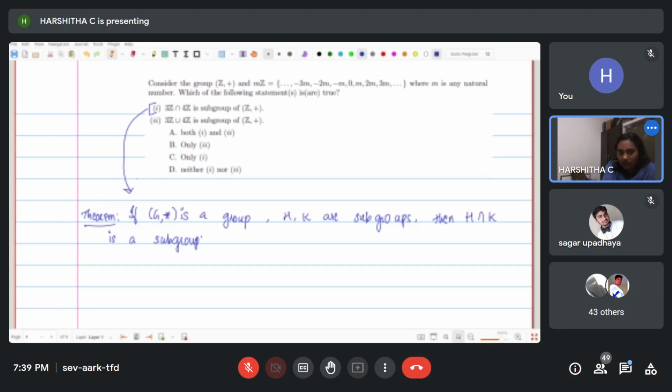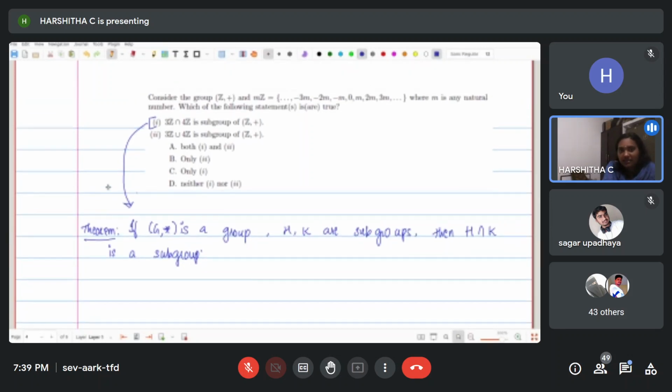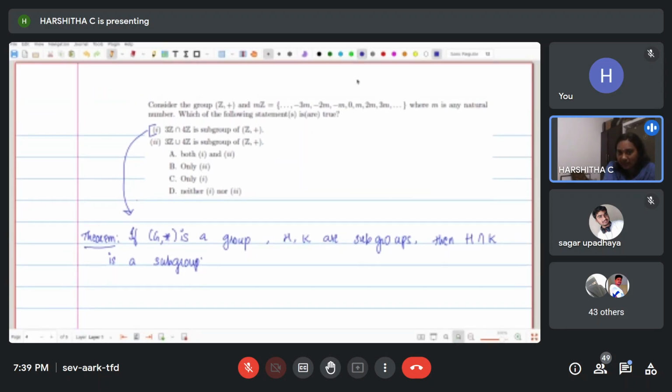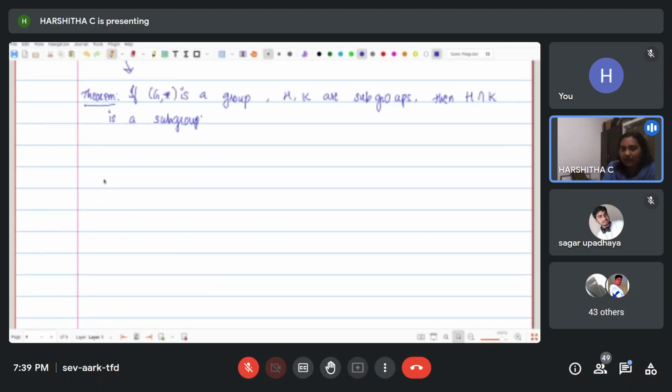Okay. So let's just check that this set mZ that we have seen here is a subgroup for any m, right? That will conclude that 3Z and 4Z are subgroups. So what do we want to check? The claim is mZ is a subgroup of Z plus.